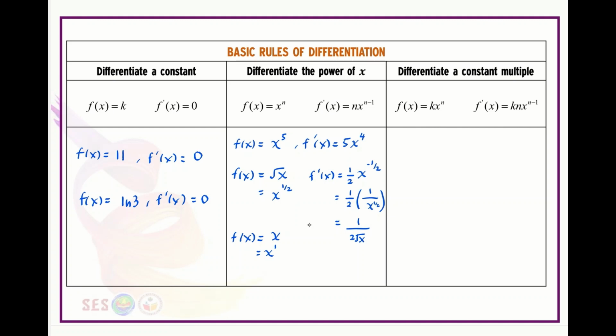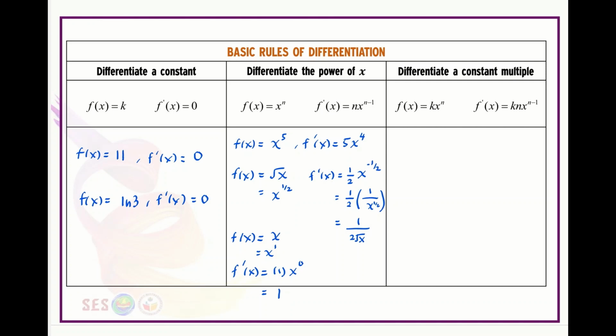Suppose we want to find the derivative, so basically we bring down the power, copy back the x, and the power of 1 will be minus by 1, so 1 minus 1 should give you 0. We know that anything to the power of 0 should give you 1. So basically, differentiating x should give us just the constant 1.